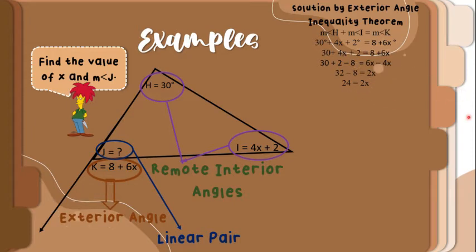So 24 divided by 2 is equal to 2x divided by 2. 24 divided by 2, that is 12. Now, in 2x divided by 2, we are going to omit the 2 because 2 divided by 2 is 1. 1x or x. So we have 12 equals x. Now we have the value of x, that is 12.